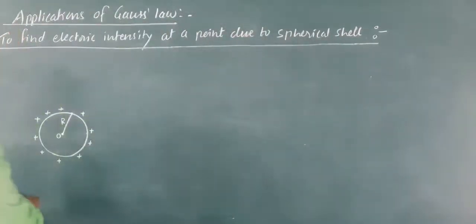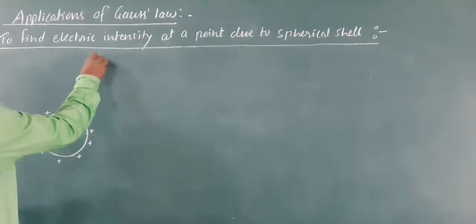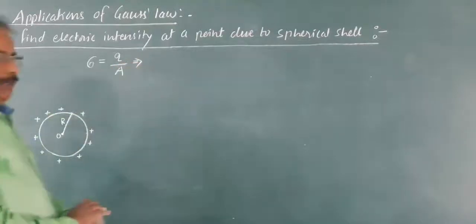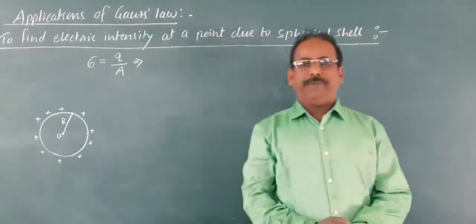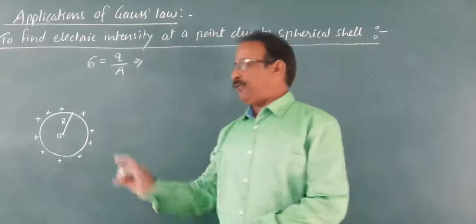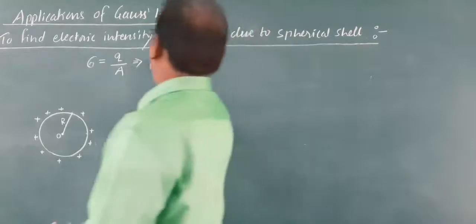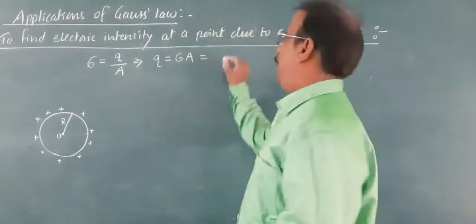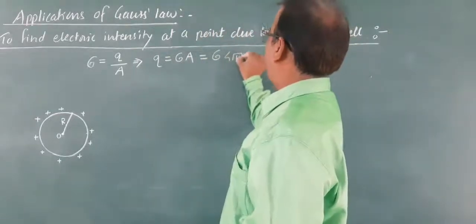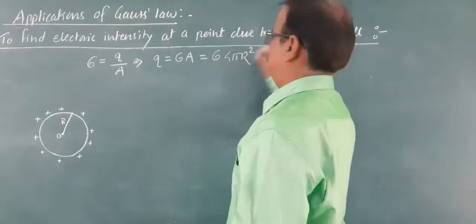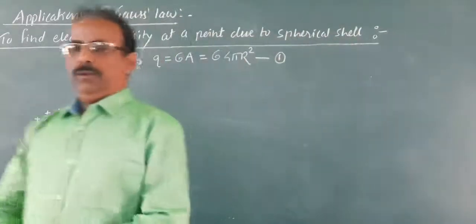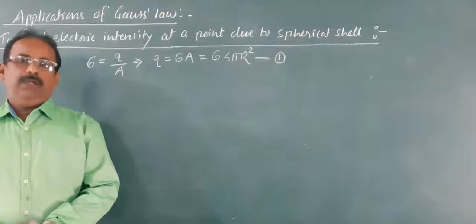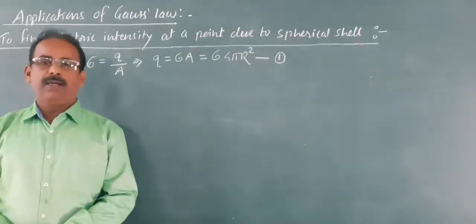Using the definition of surface charge density sigma, which is Q upon A, we can write the charge given to the spherical conductor Q as sigma into area of that spherical shell, means sigma into 4 pi R square.